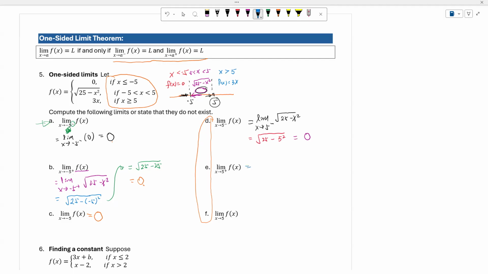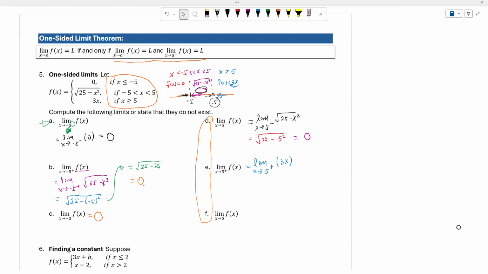So now the limit as x approaches 5 from the right. I need to work with f of x equal to 3x now. So I have the limit as x approaches 5 from the right, and the function is 3x.